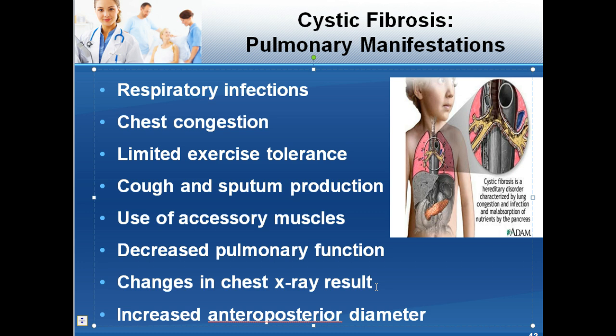And then from the mucus, they usually have cough and sputum production, use of accessory muscles, decreased respiratory function, increased anterior posterior diameter. And remember, I talked to y'all about the increased anterior posterior diameter as well with people with COPD.